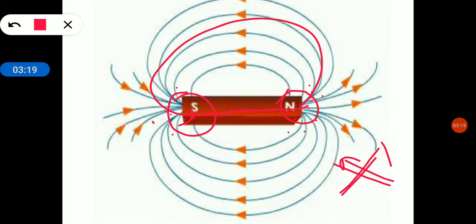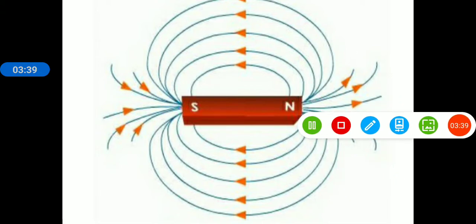Whenever a magnet is suspended freely in mid-air, it always points in the north-south direction. The pole pointing towards geographic north is known as the north pole, and the pole pointing towards geographic south is known as the south pole. Let's understand this.